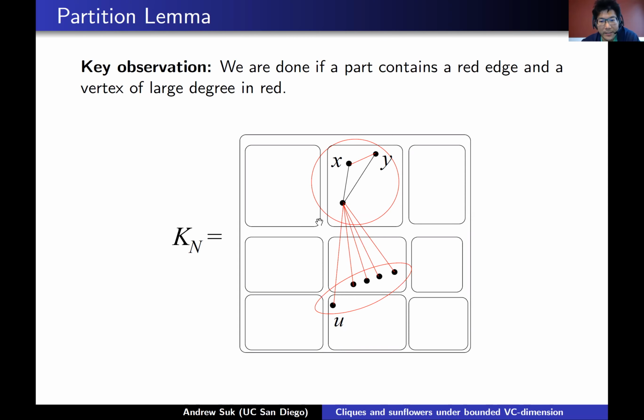And if that happens, that means UX is red, UY is red, and since we assumed XY is red, this gives us our monochromatic triangle. So either I found my monochromatic triangle, or otherwise I can assume that anytime a color appears inside of a part, every vertex in that part has small degree with respect to that color class.